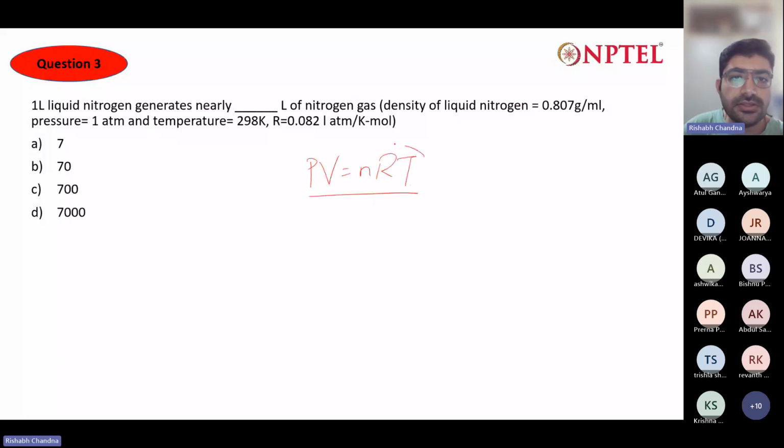So you can use this equation to calculate the amount of gas. Okay, can you explain how did you do it? So please apply this formula and then we'll discuss.